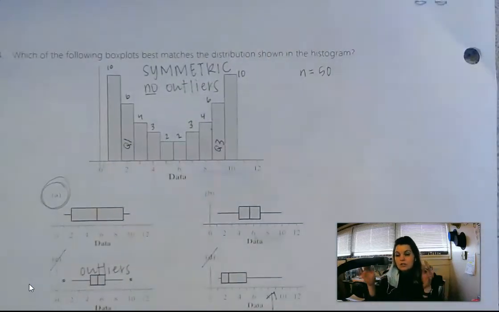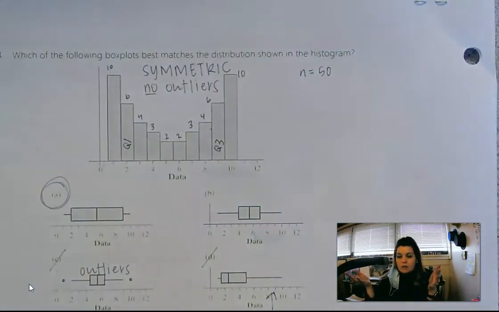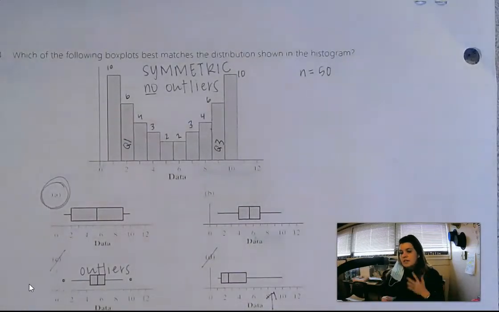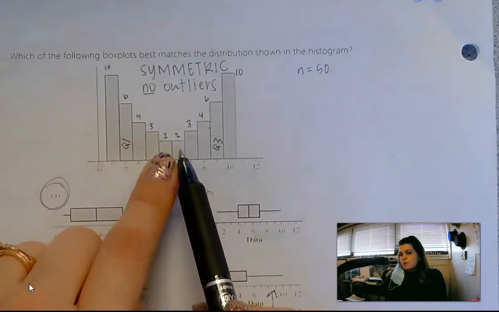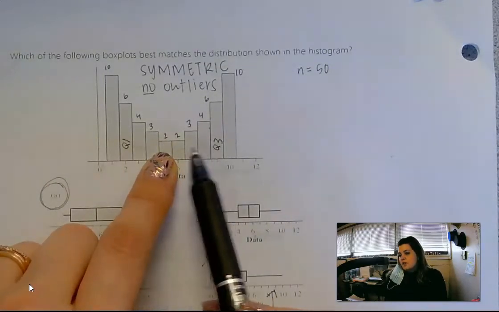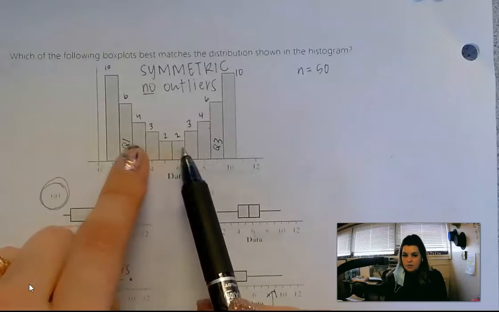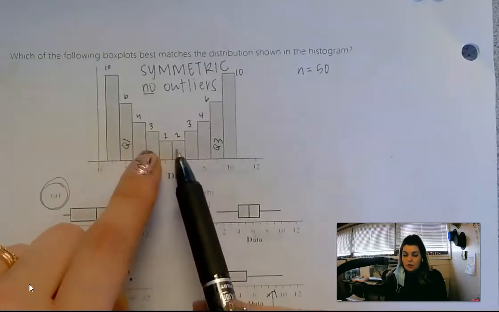Now, you could reason through this in your head without doing that, because quartiles divide your data set up into quarters. So if you are looking at this histogram, to get 25% of the data starting from the middle, there's so few observations here that this middle 50% is going to be longer.